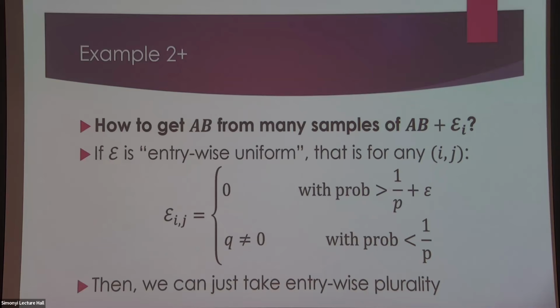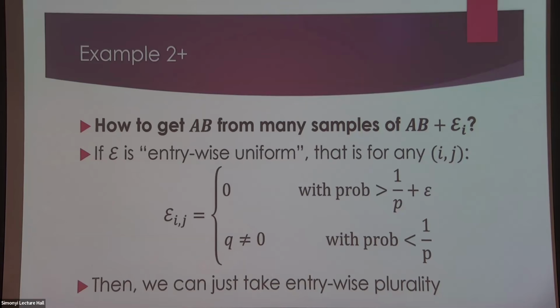If I also told you that this epsilon matrix, this noise matrix, is entry-wise uniform in the following sense: it is not only that the fraction of zeros is 1 over p plus epsilon, but actually every entry has probability at least 1 over p plus epsilon to be 0, and every entry is distributed uniformly over all non-zeros if it is not 0, then removing the noise is easy.